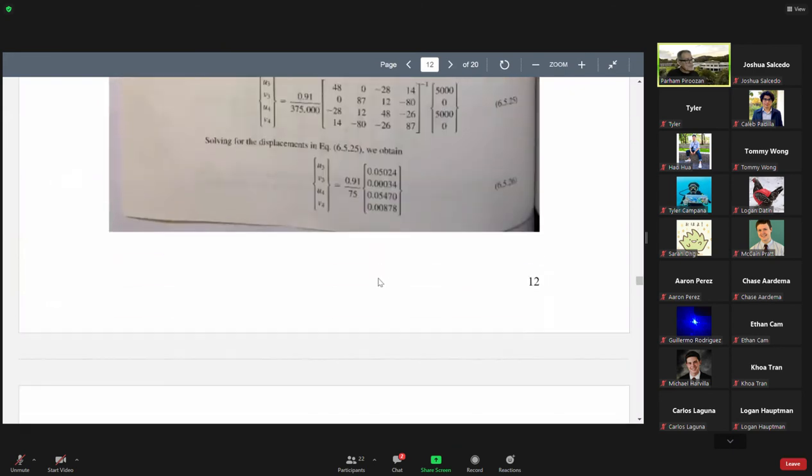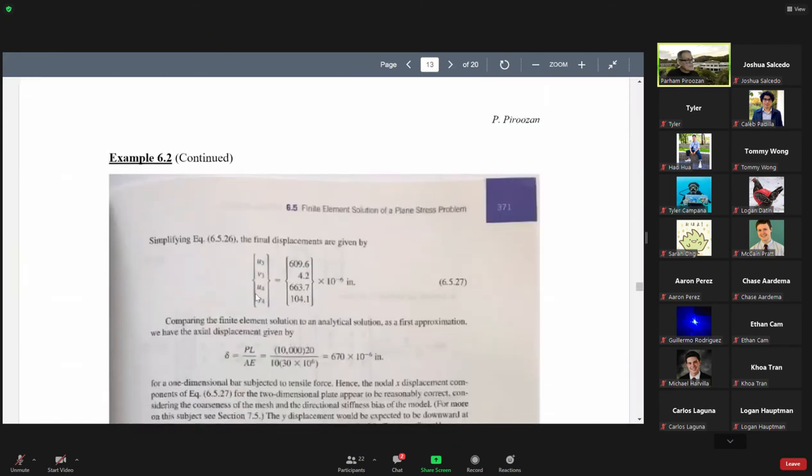Solving them, these are the displacements U3, V3, U4, V4. Node 3 and node 4 have these displacements. But this is not very good.